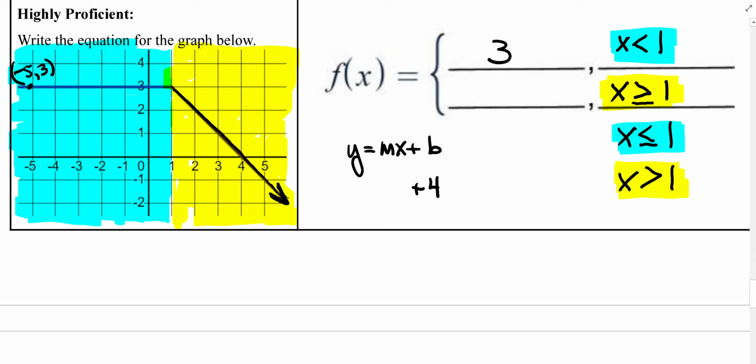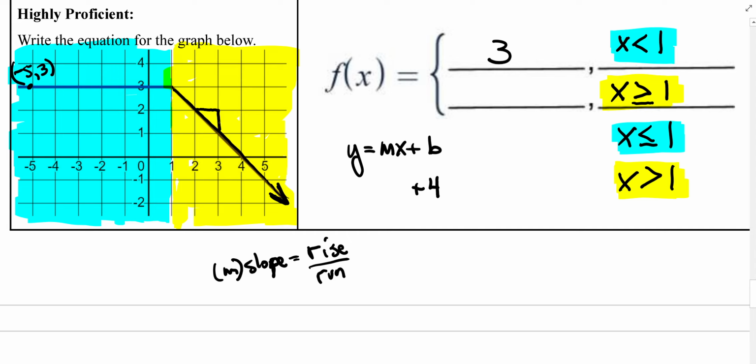And the slope, or the m value, is rise over run. And if I go over x, that's a run of 1, but it goes down 1.